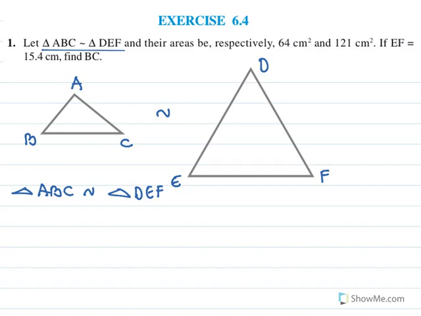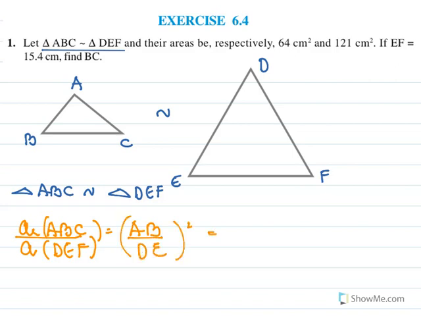So when we go to the property, we know that area of ABC over area of DEF is equal to AB over DE the whole square, then equal to BC over EF the whole square, and also equal to AC over DF the whole square.